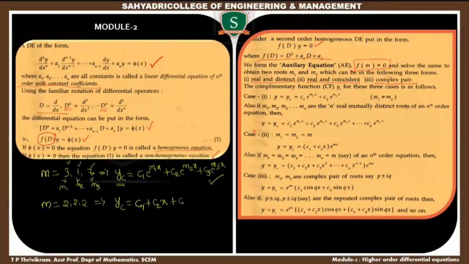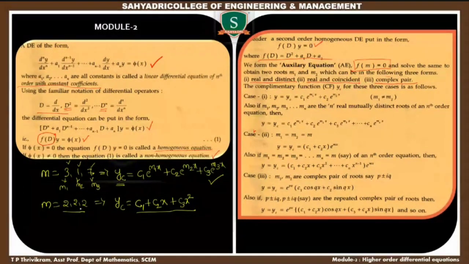Similarly, c3 x square. So here it is repeated 3 times, so you have to write 3 minus 1, that means a second degree polynomial. Whenever it is repeated twice, you write a first degree polynomial. If it is repeated 4 times, you write a cubic polynomial.